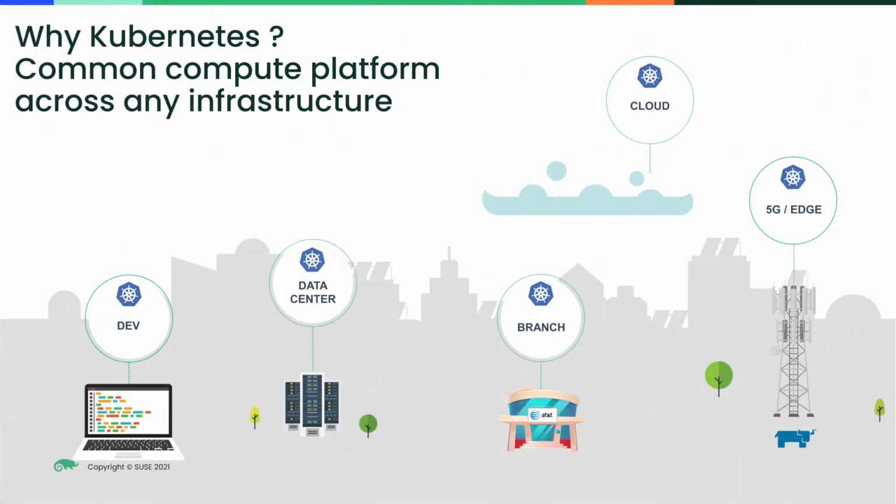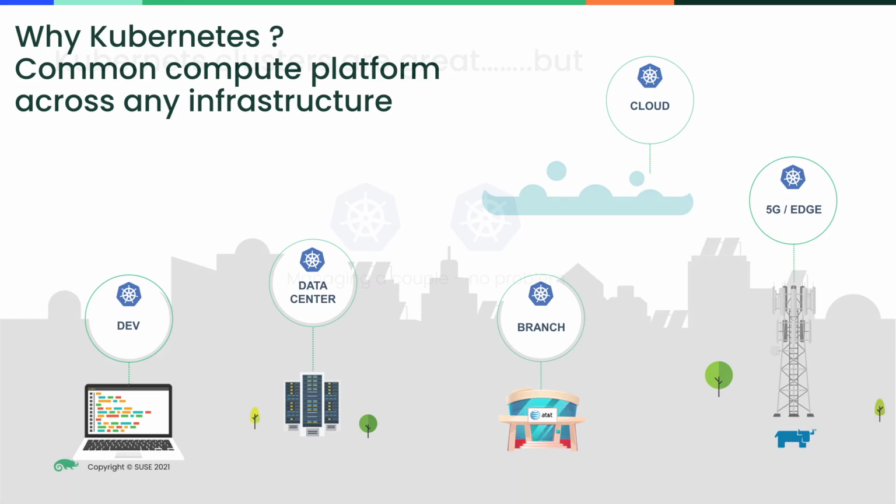Kubernetes is a great platform and it unifies the differences between different environments, dev, data center, IoT, cloud, edge use cases, under a single API that works the same regardless of where we're running Kubernetes. And that's one of the great things about it.